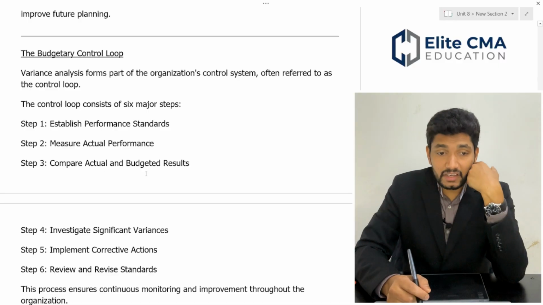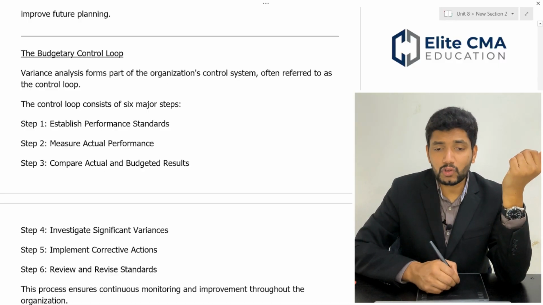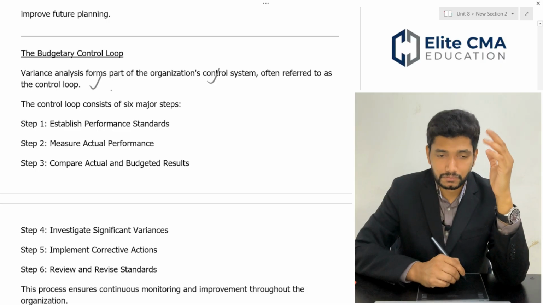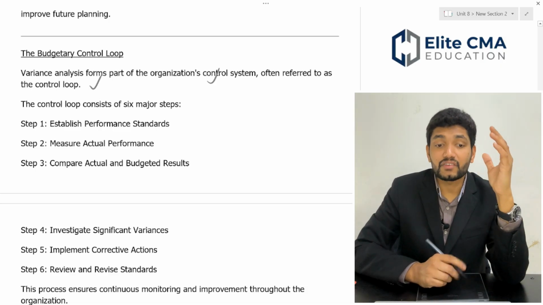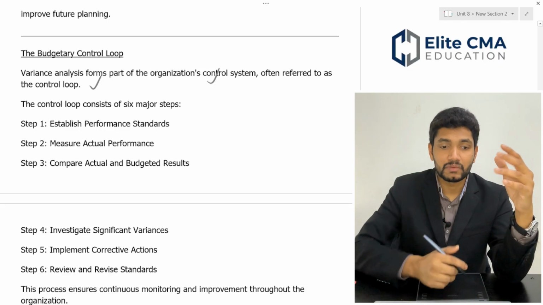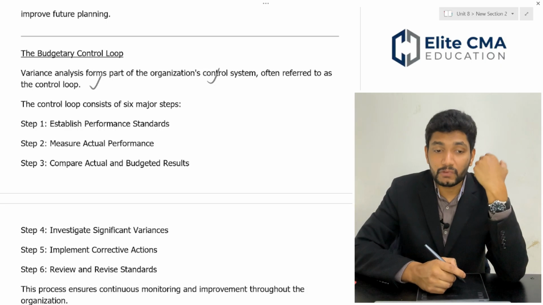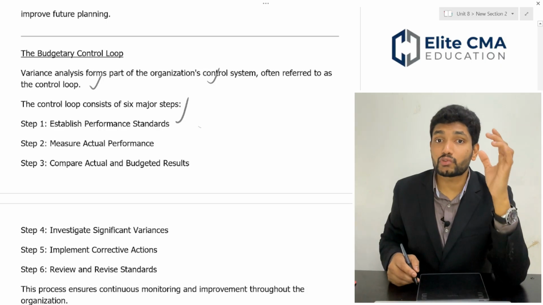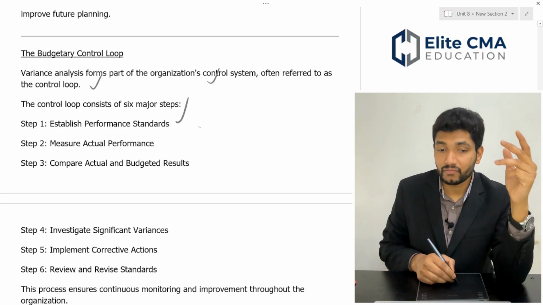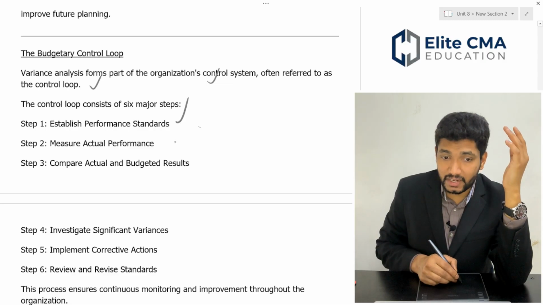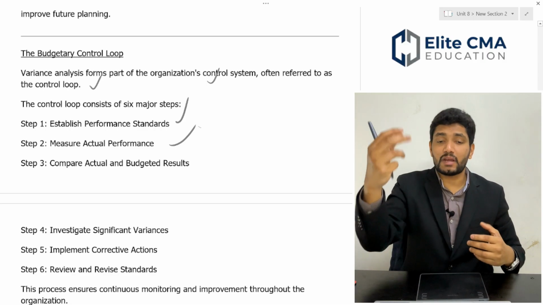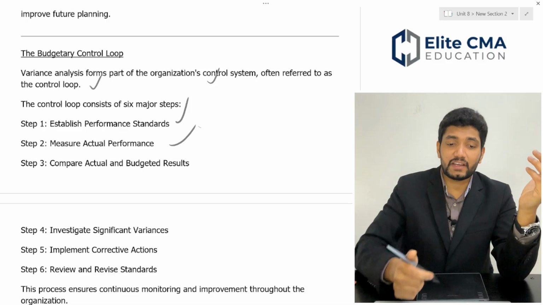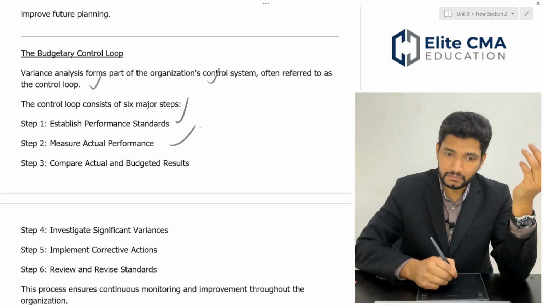Again, variance analysis forms part of the organization control system, often operating as a control loop. The loop includes establishing the performance standard and measuring actual performance. Once you establish a performance standard, you can compare your actual performance to see if there are any variances.